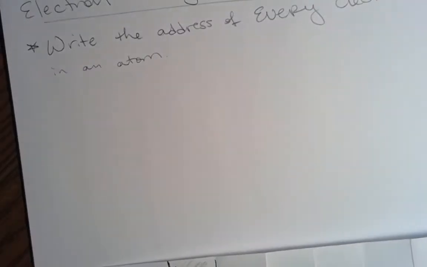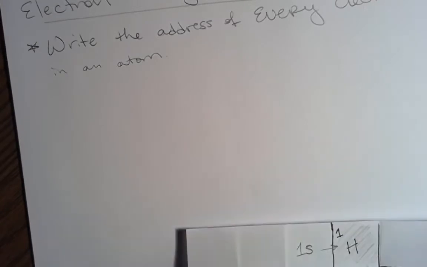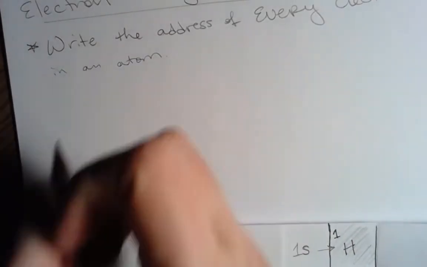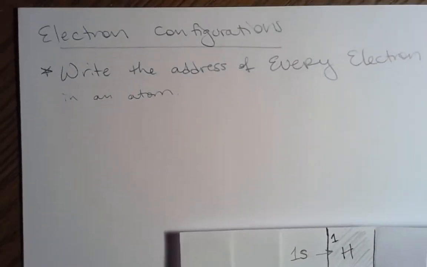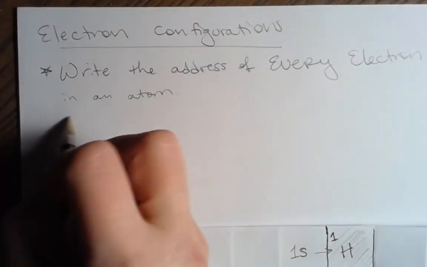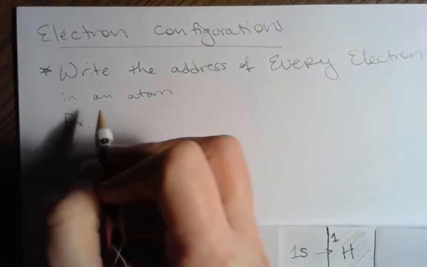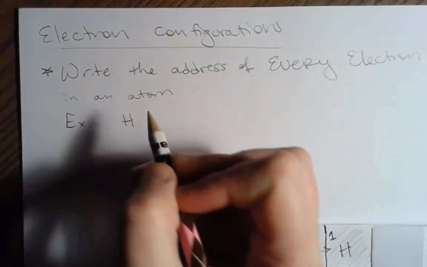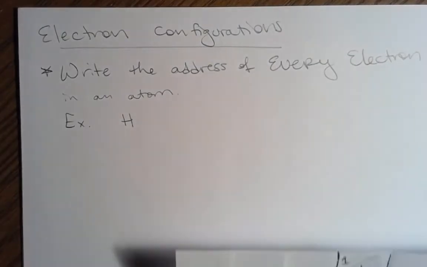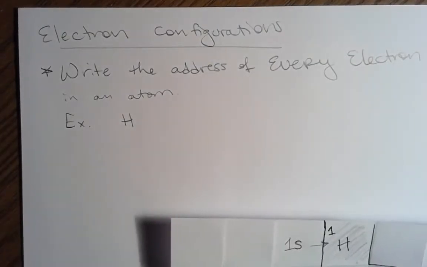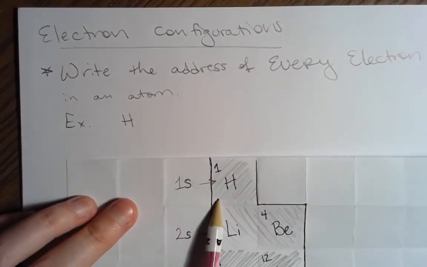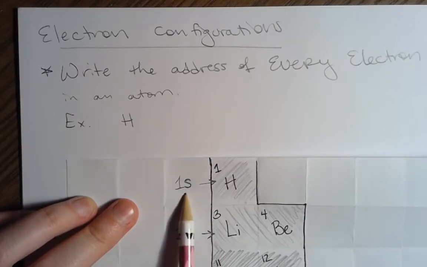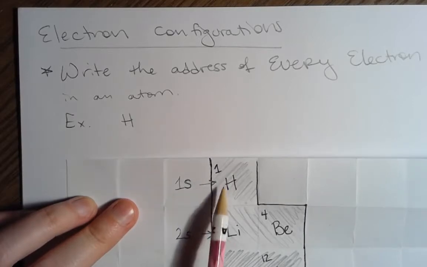I'm just gonna dive in and give you some examples because I think we've said all the things we need to. Hydrogen's outermost electron is located in the 1s orbital, and there's only one.